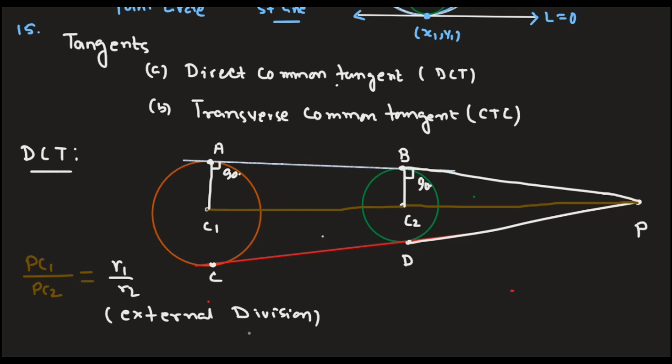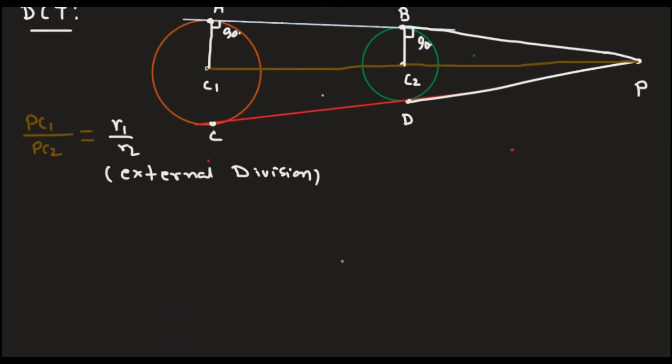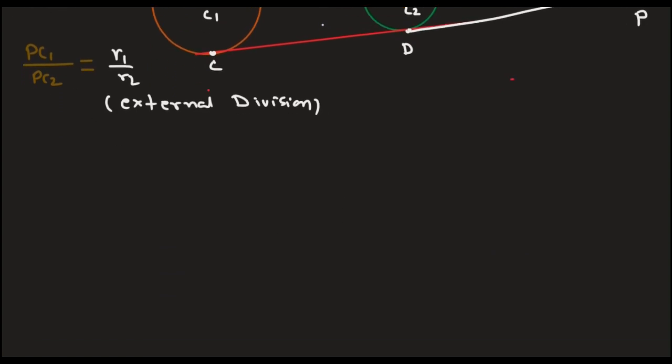Okay now, next is for TCT. What is TCT? In case of TCT, the transverse common tangent, we will see that the centers of the circles lie on opposite sides of the tangent line. So we draw two circles first.